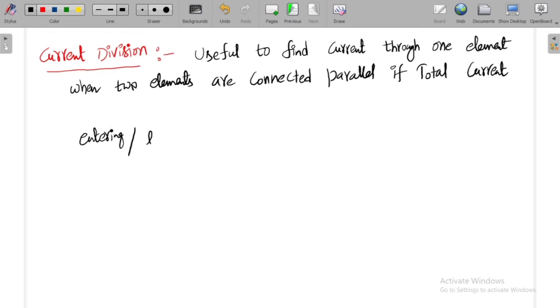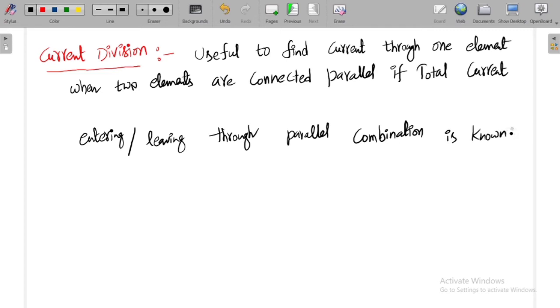If we know the total current entering or leaving the node to which these resistors are connected in parallel, we can find the current flowing through one particular resistor using the current division rule.